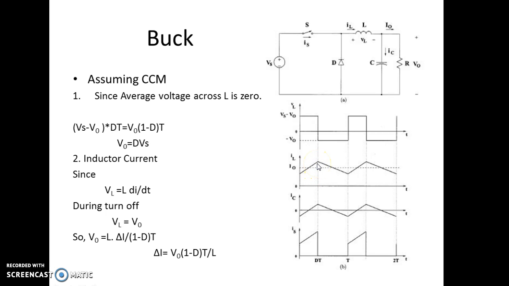And since the source current will be nothing when the switch is off, and when the switch is on the source is connected, the on time period of this waveform will be the source current, and the off time of this inductor waveform, that means this waveform only, will be the diode current.